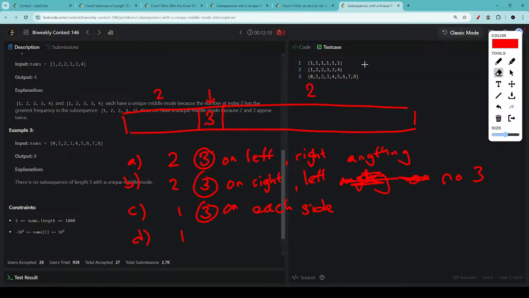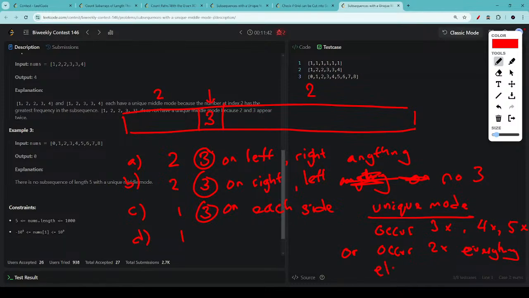So for this to be a unique mode, either it occurs 3 times, or 4 times, or 5 times, or it occurs 2 times and everything else occurs 1 time.